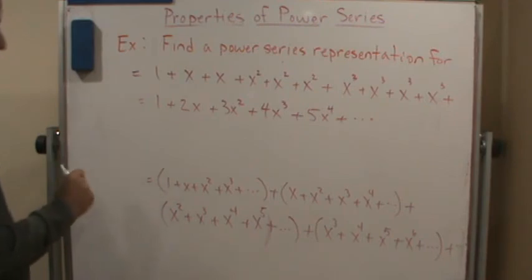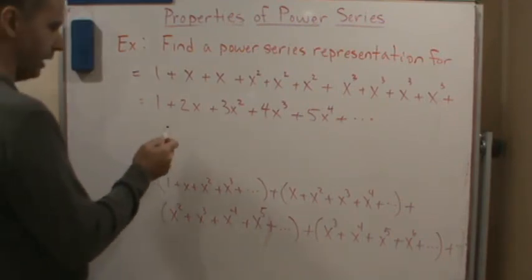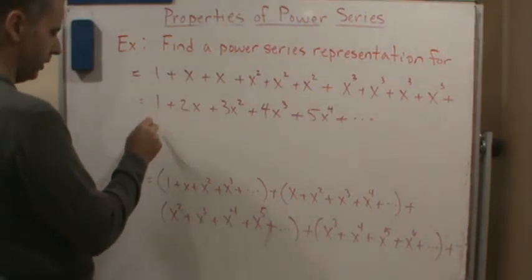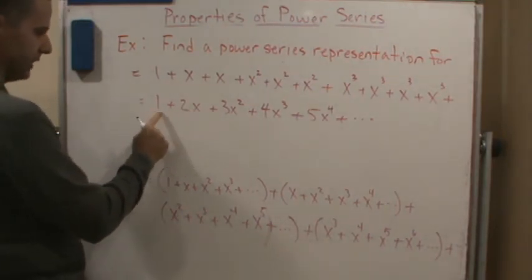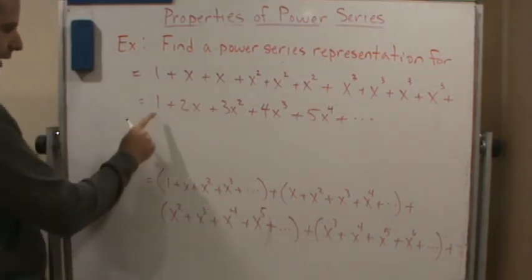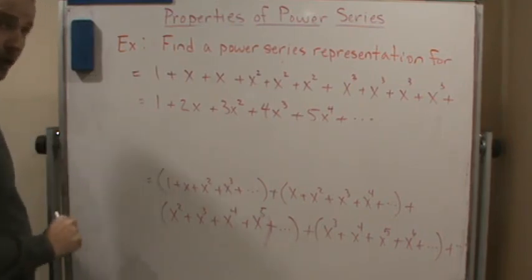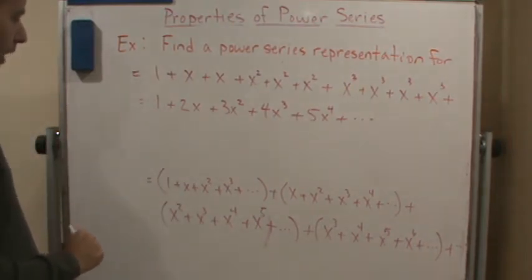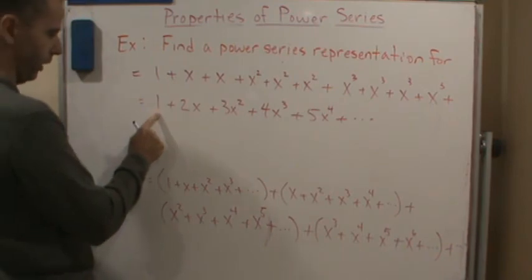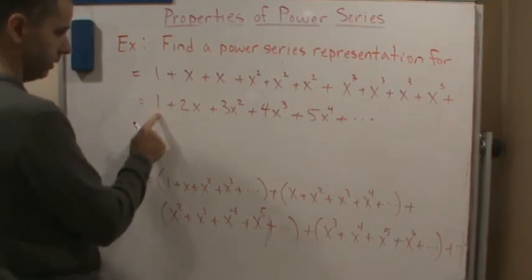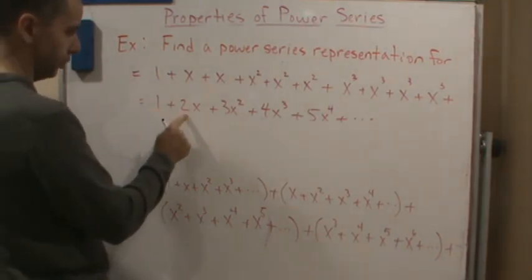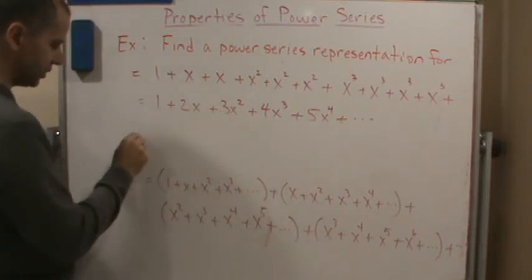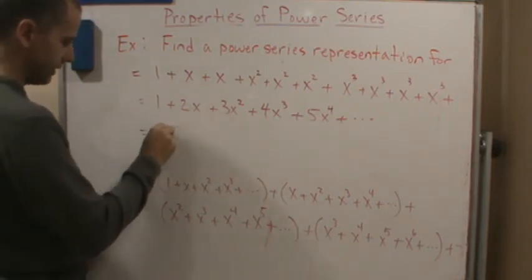In this case, we can come up with e sub n as a coefficient here, because it looks like this is just going to be n plus 1. Right? Because if n is 0, we get 1. If n is 1, we get 2. And so on.